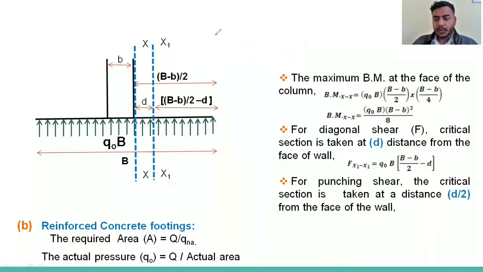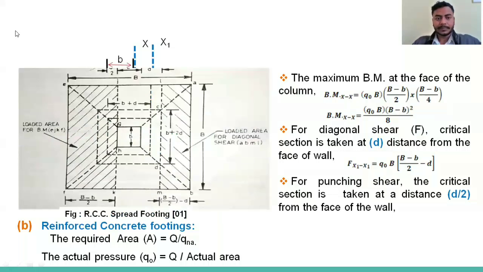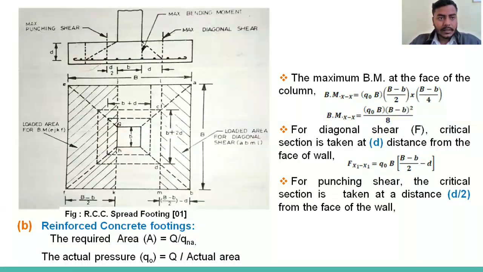Okay, so in the case of punching shear, the critical section is taken at a distance d by 2 from the face of the wall or from the face of the column, right? In this figure, this is the column, and this is very important; you have to be very careful. This is the column dimension b.